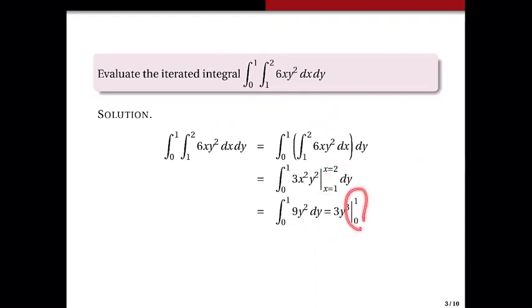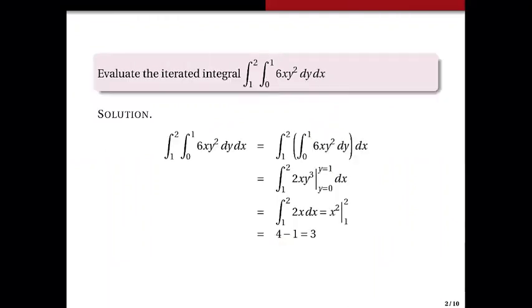Here there is no need to specify because we only have the variable y. If we evaluate from y equals 0 until y equals 1, we end up with 3. Notice that if we interchange the variables of integration, the answer is also 3.